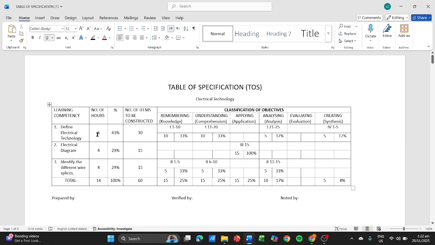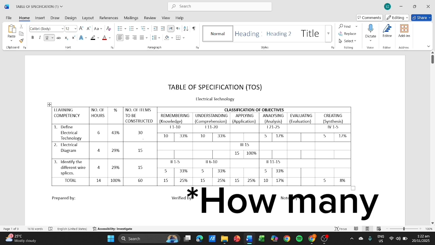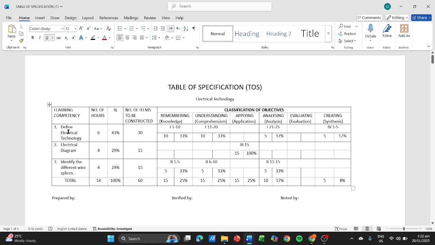So the formula is to divide the current hours of the particular LC by the total hours. And the number of test items constructed is up to you, how many questions you want for a particular LC.